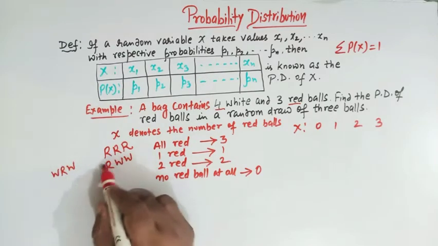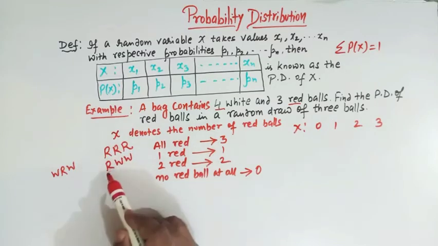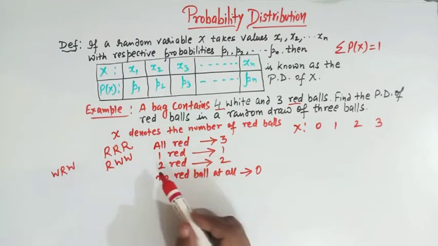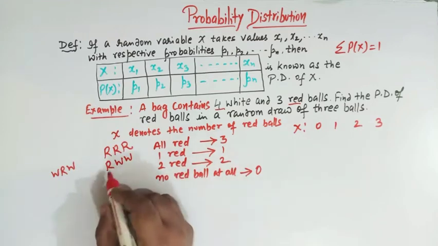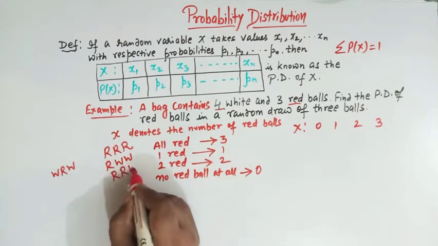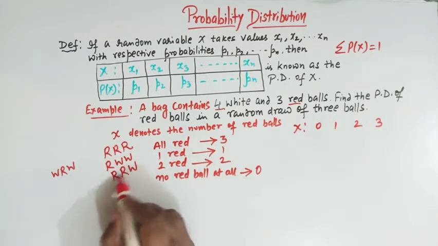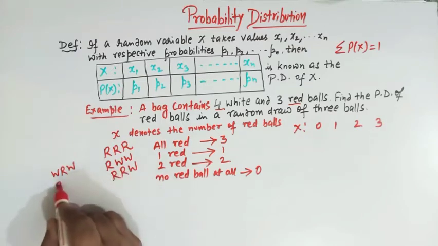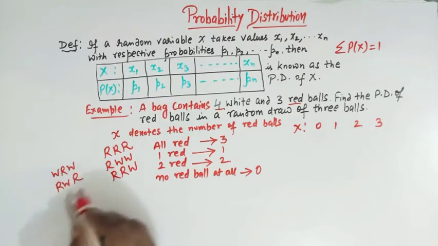When we have two red balls, we may have R, R, W, or this can be rearranged like R, W, R and so on.